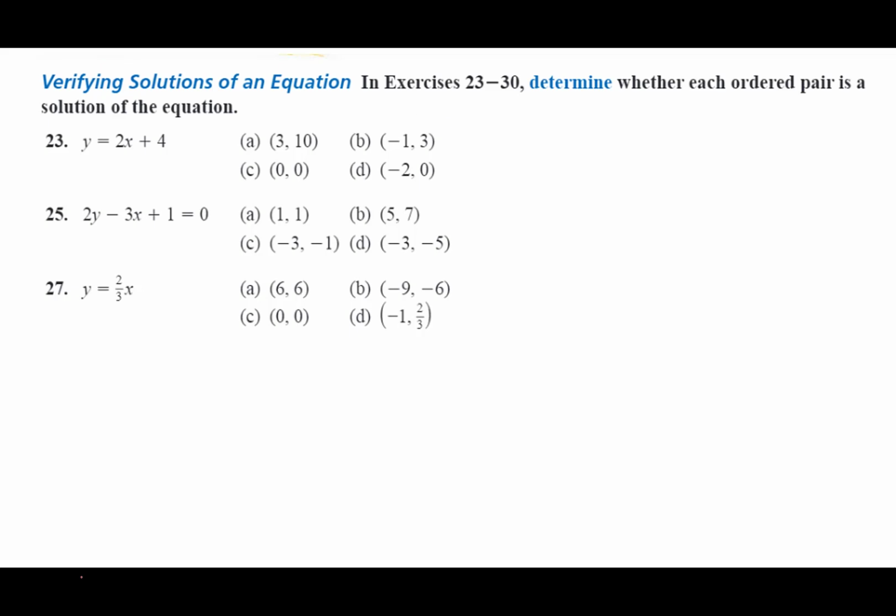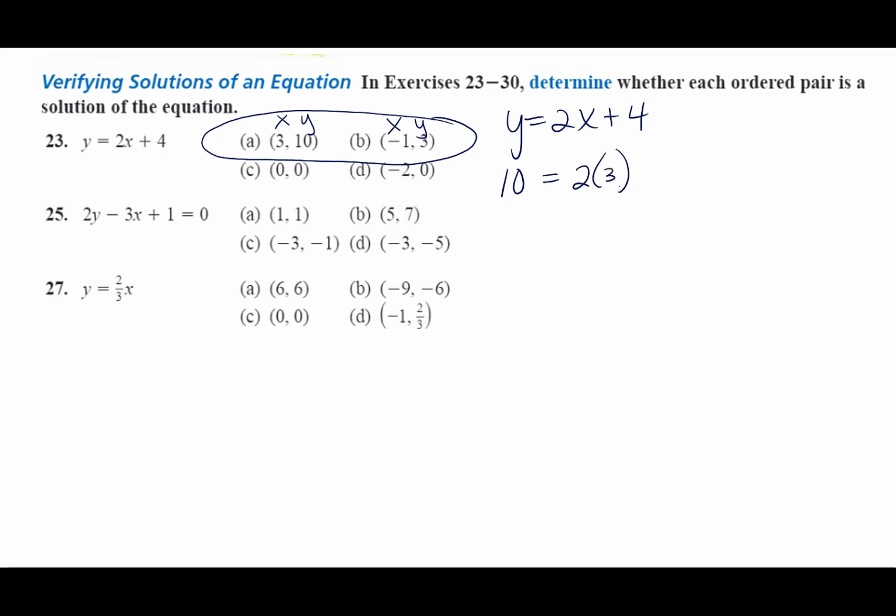For 23, let's just check A and B so the video doesn't get too long. So remember the order, x comes first and then y for both of these ordered pairs. And so when we're using the equation y equals 2x plus 4, we're going to substitute both of these values at the same time. So this will be 10 equals 2 times 3, because 3 is x, plus 4.